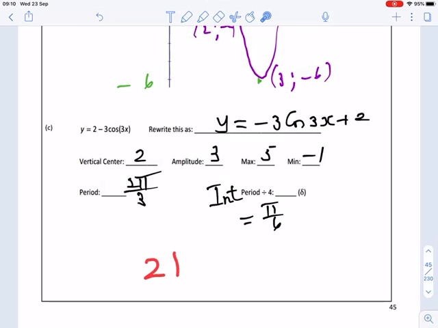If I take the center plus the amplitude, I must get my maximum. If I take the center minus the amplitude, I should get my minimum. My period must be 2 pi over the number in front of the x. That's 2 pi over 3. And I must divide that by 4. It gives me pi over 6. So now I know my intervals will be pi over 6.